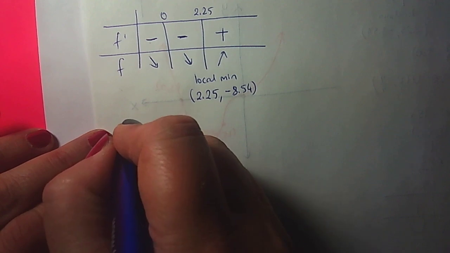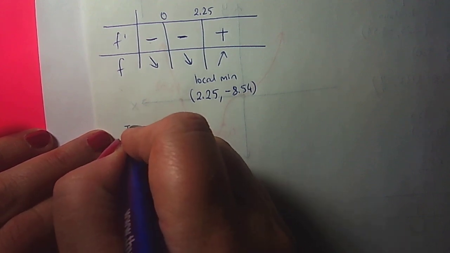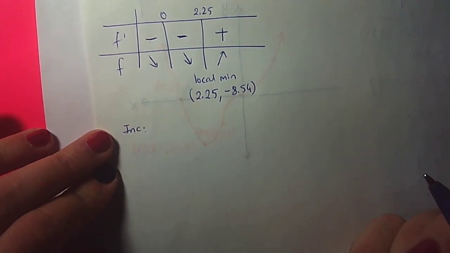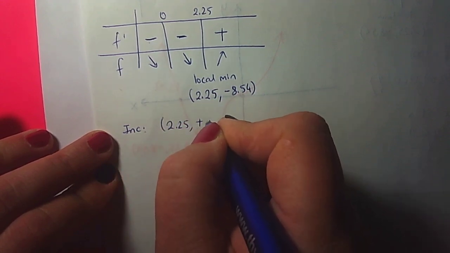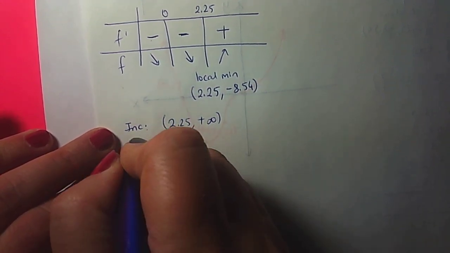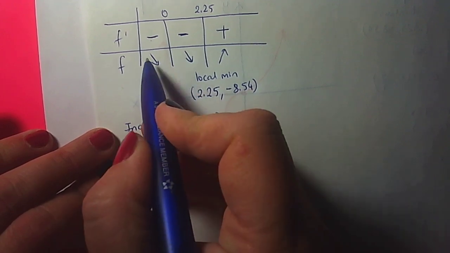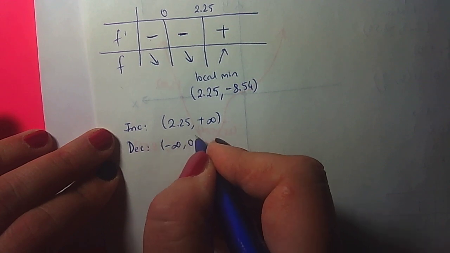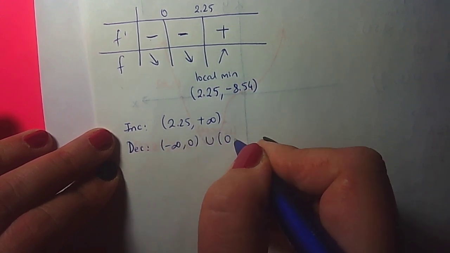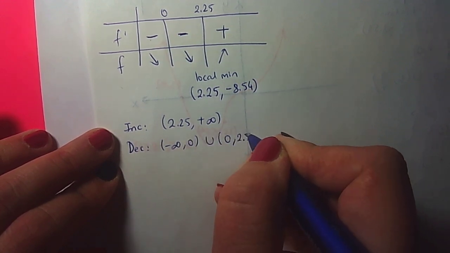Now the question is also asking you to write increasing and decreasing intervals. Increasing from 2.25 to positive infinity. Decreasing from negative infinity to 0 and from 0 to 2.25.